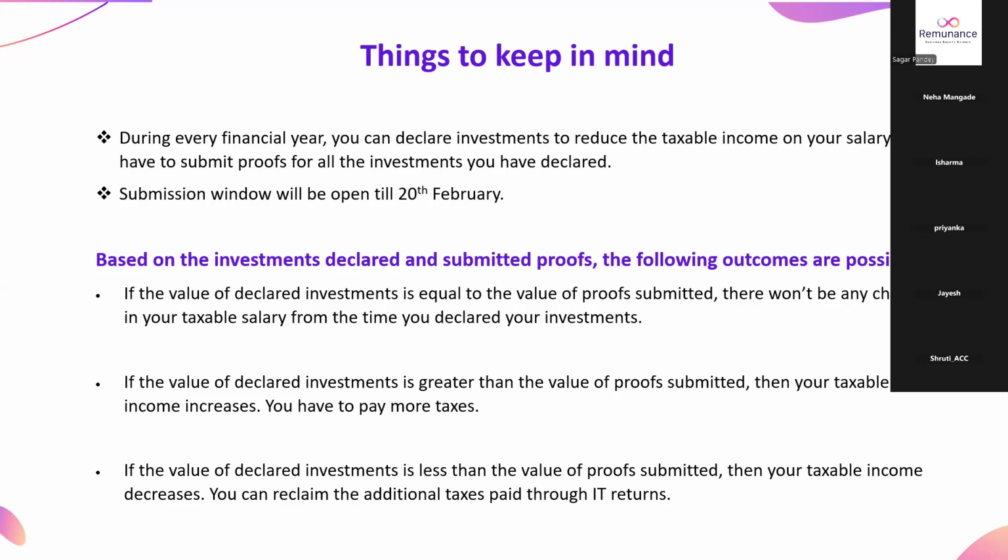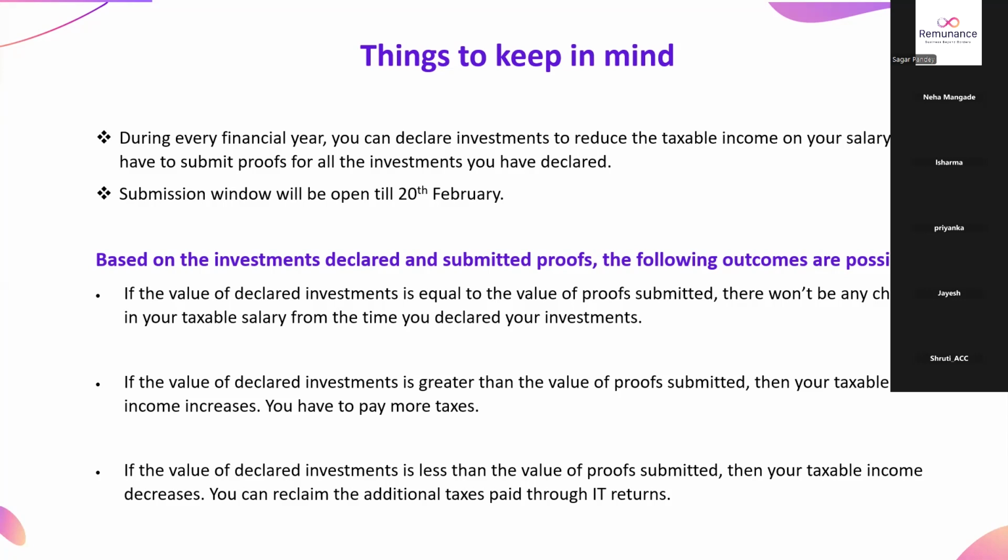Now I want to explain what the possible outcome will be, like what your taxable salary and tax deduction will be based upon the investment declared and actual proof submitted. Let's take the first case. Suppose the value of declared investment is equal to the value of proof submitted.